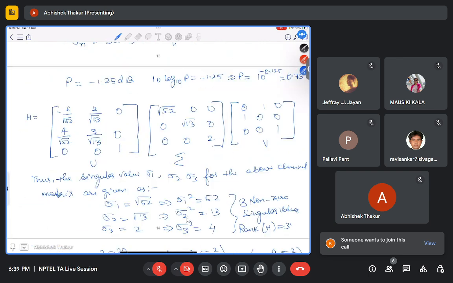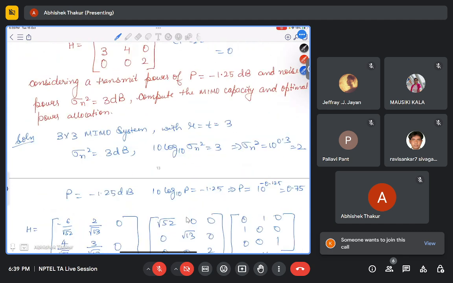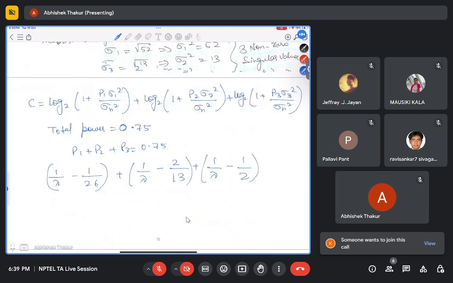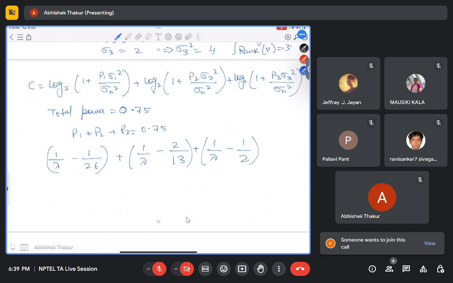And what is the value of sigma? It will be 2 by 52, so it will be 1 by 26, and 2 by 13, and then 2 by 4, that is 1 by 2. Now this sum should be equal to 0.75.